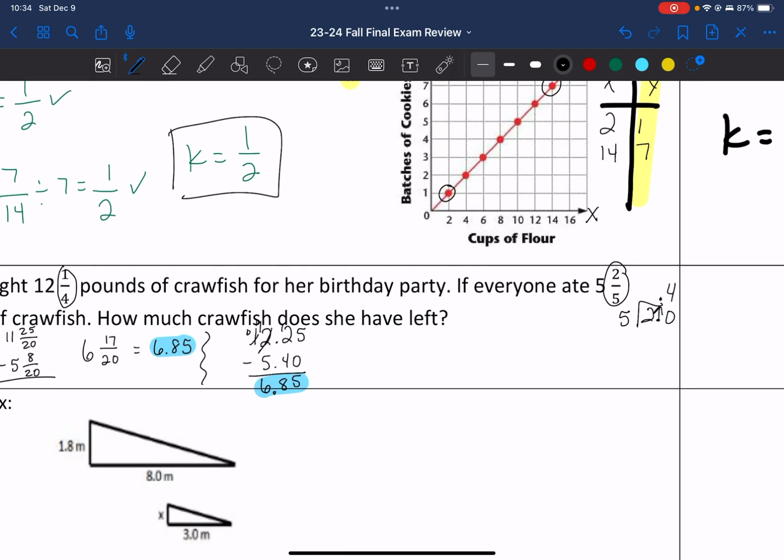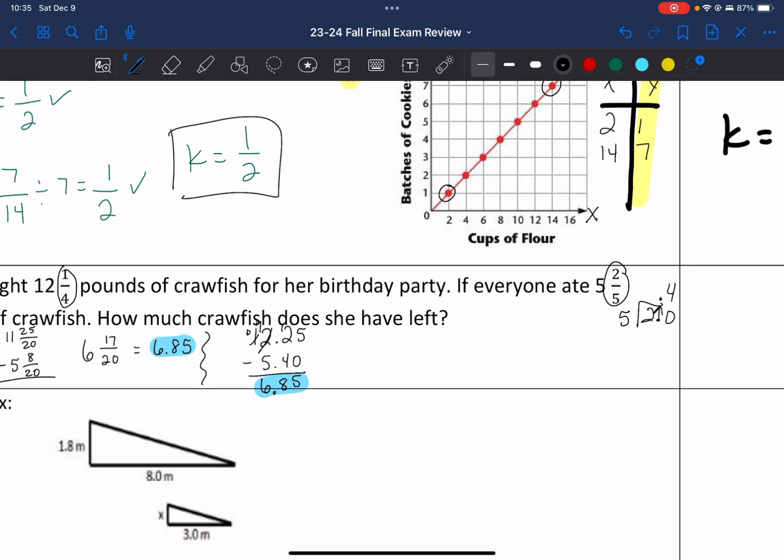Now, if your test or if the STAR test or whatever has fractions instead, and you have multiple choices that have the whole number being 6, I would actually turn that decimal into a fraction.